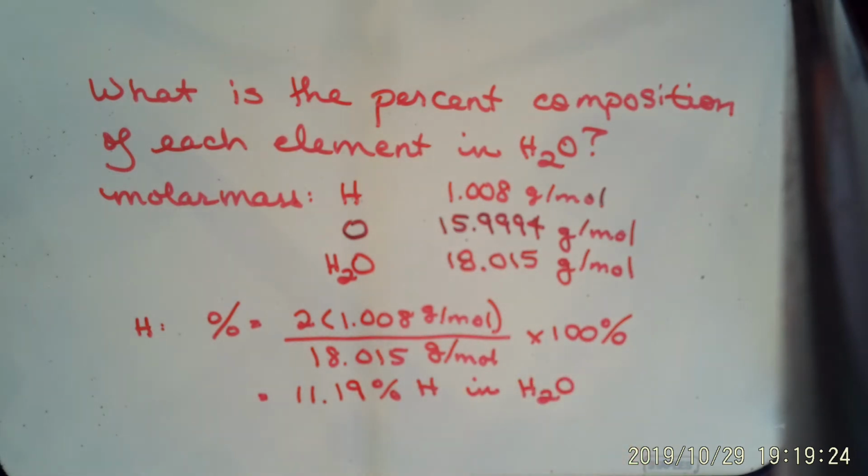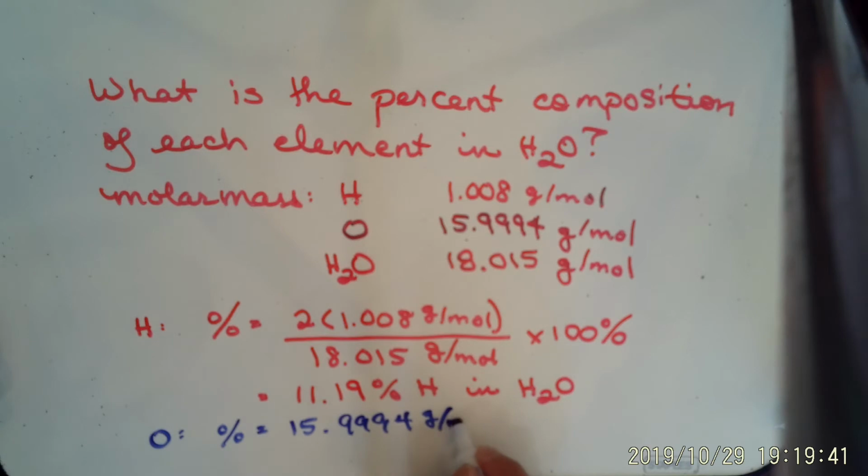Alright, and we do the same thing with oxygen, but with oxygen I only have 1. So now, with oxygen, the percent is going to be equal to 15.9994 grams per mole, because we only have 1. You don't have to multiply it by anything.